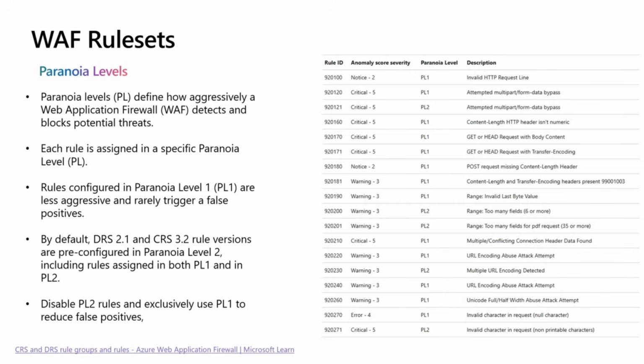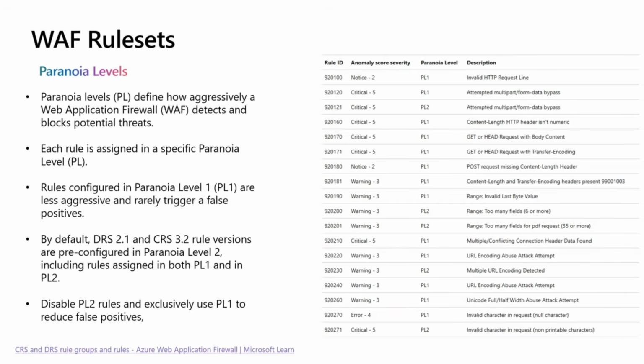PL2, or paranoia level 2, adds more strict checks that may catch edge case threats, but can also increase false positives. PL3 and PL4 are even more aggressive and are typically used in highly sensitive environments where security takes precedence over usability.